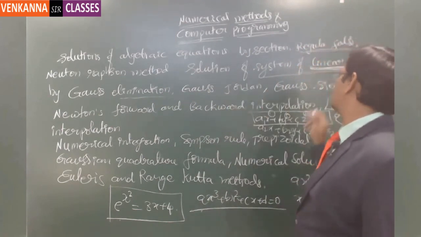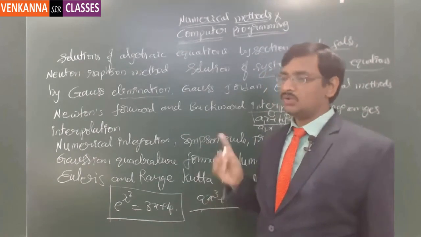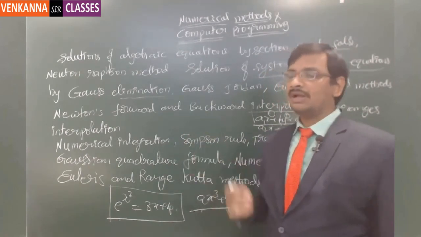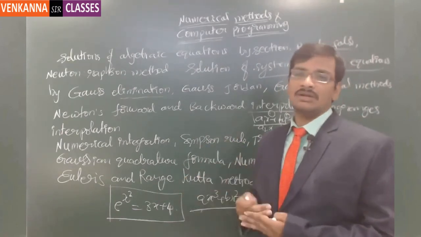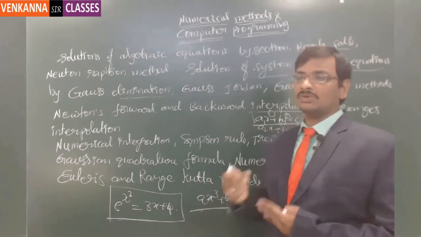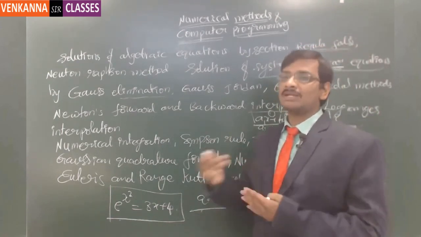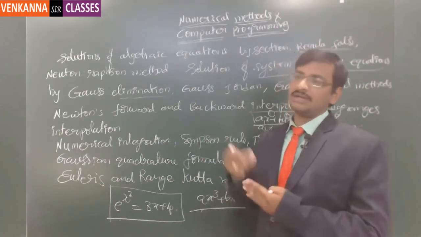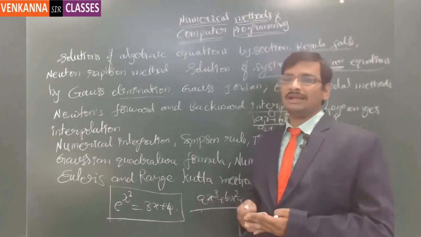The last one is the Gauss-Seidel method, where we approach a numerical value which is a closer approximation to the solution, and from there we find the error and substitute it back. We call this back propagation. We back propagate the error and find a better solution, and from there again you find the error and repropagate it.